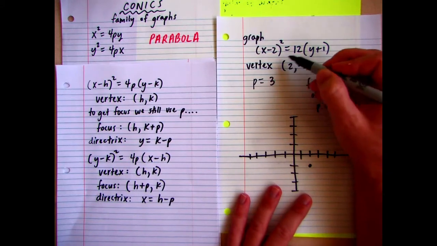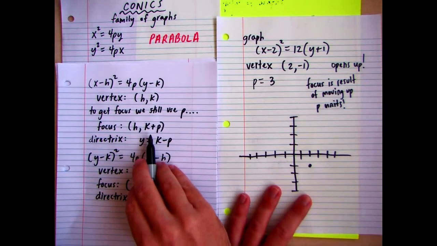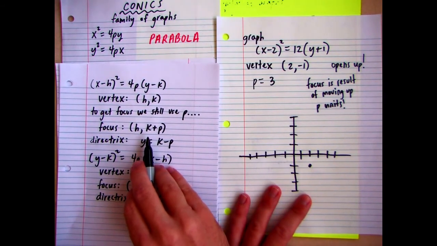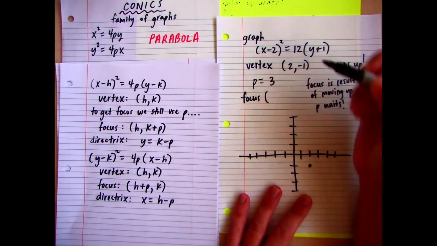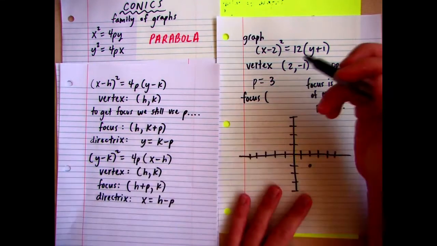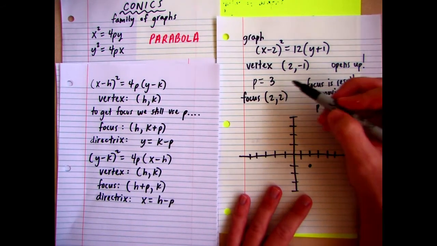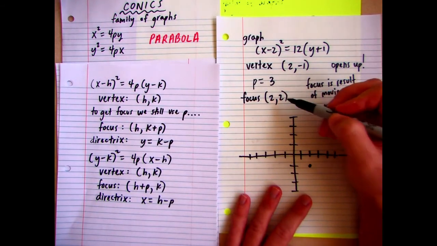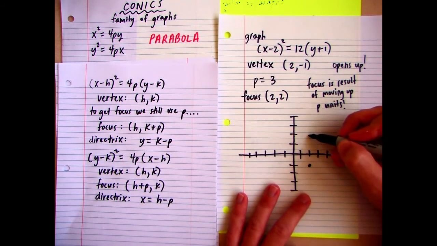So that p value, I'm going to add onto the y coordinate of my vertex. It's going to be h comma k plus p. So my focus is going to be 2 comma negative 1 plus 3. So 2 comma 2. That's the location of my focus.